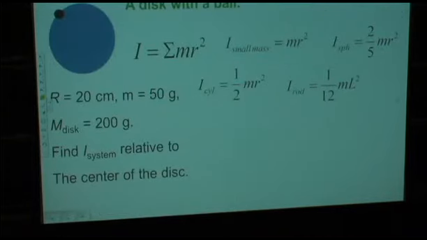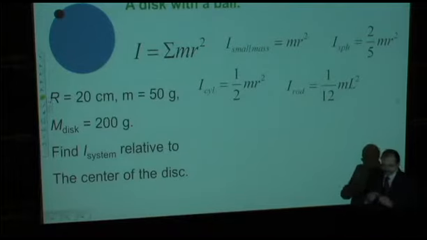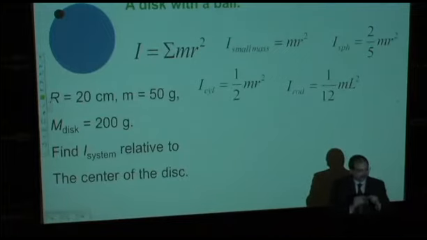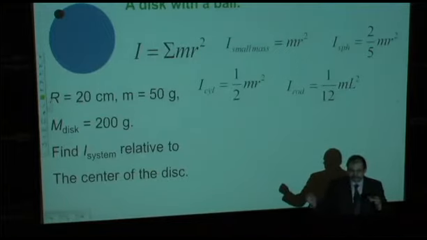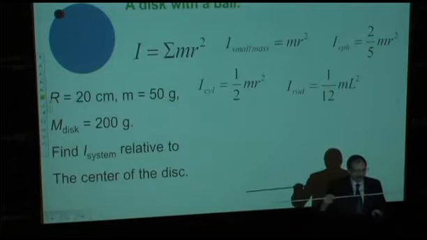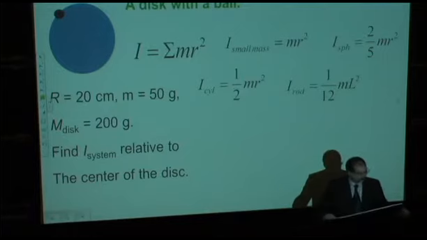And this is an example. What do we do if we have a combination of shapes? For a single point circulating, the moment of inertia is equal to the mass times the radius of the circle squared. For a rod, the moment of inertia is equal to 1/12 mass times length squared. But what if we put them together?